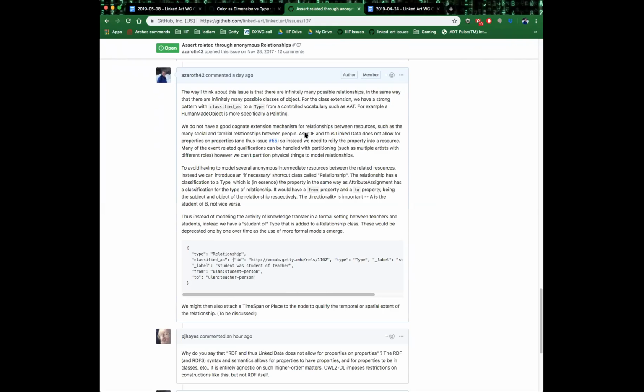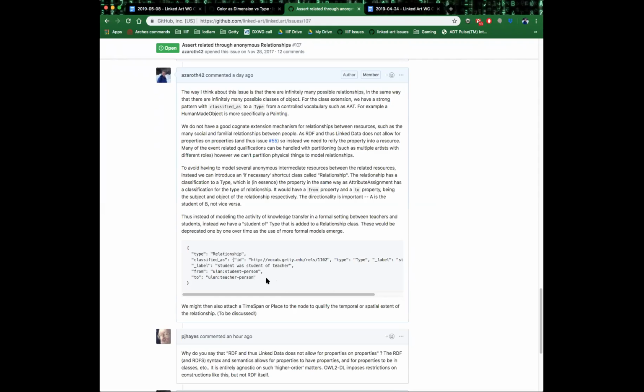So in the issue I commented a day ago with some JSON, so for example, we could have a class, call it relationship, which is then classified as some relationship type. And in this case, the relationship type would be student of. It would go from some entity to some other entity.